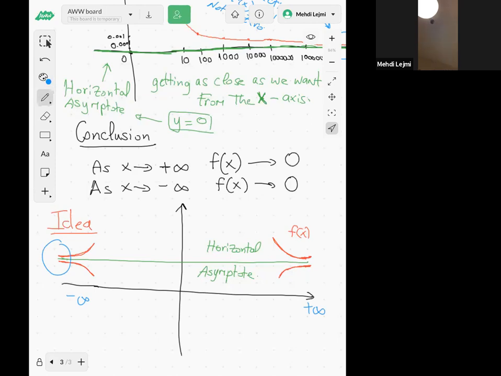But your graph is going to be as close as you want to the horizontal asymptote, getting closer and closer, but it doesn't touch. So here again, no intersection. That's what I call a horizontal asymptote in a graph. No intersection.